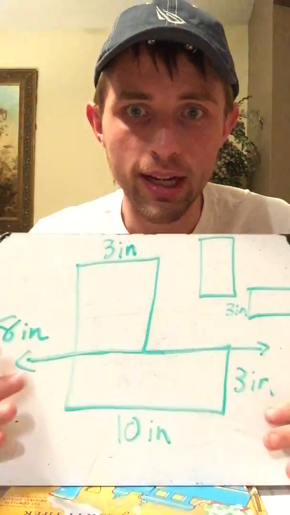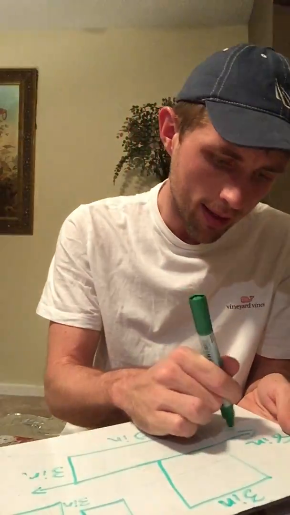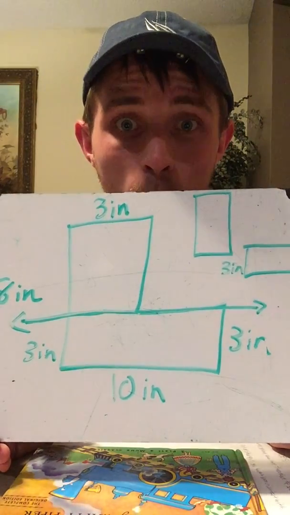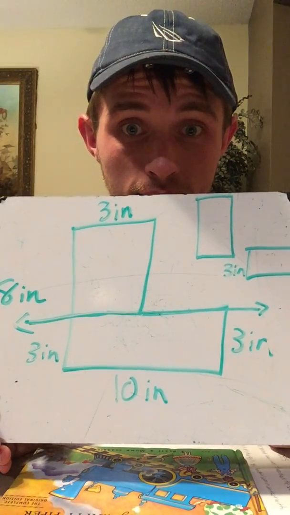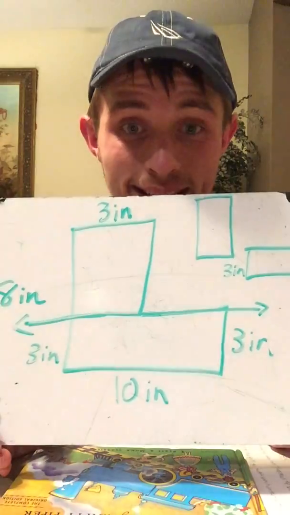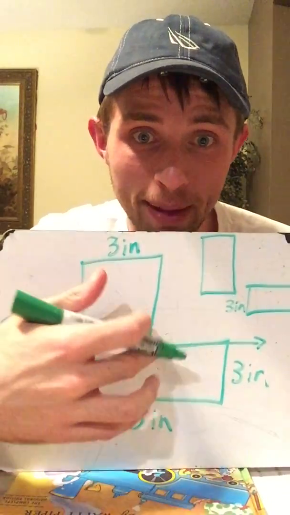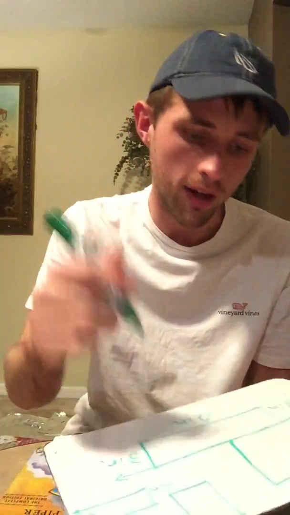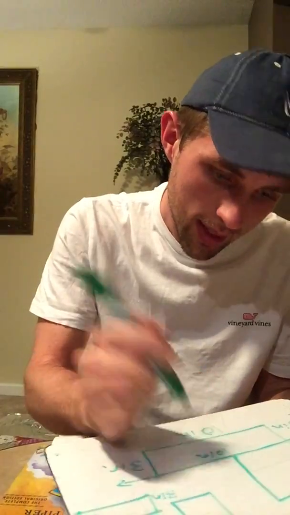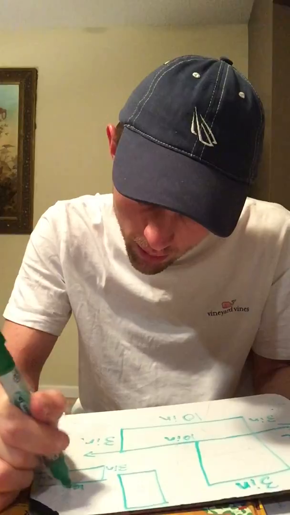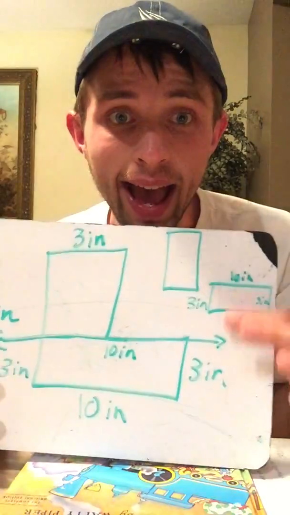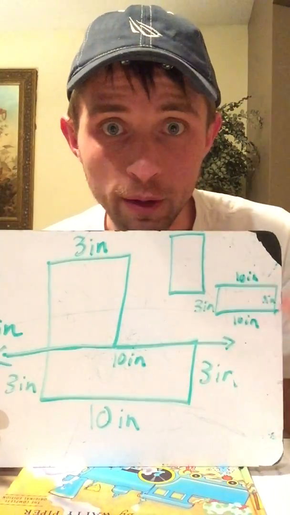If it's 3 inches over here, that means it has to be 3 inches over here, right? Boom. What is my width? My width is 10 inches, right? If it's 10 inches down here, that means it's got to be 10 inches up here. 10 inches. And I'm going to write it over here as well. So I have all the dimensions for this shape over here.